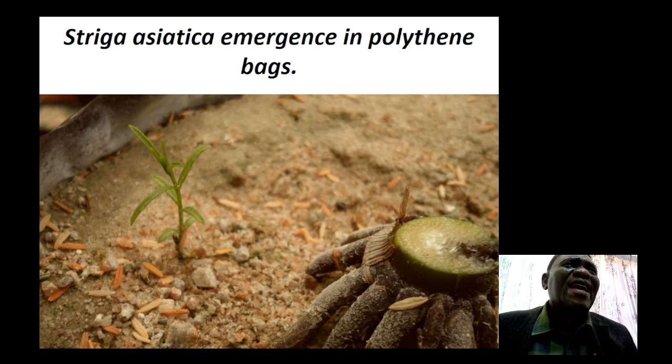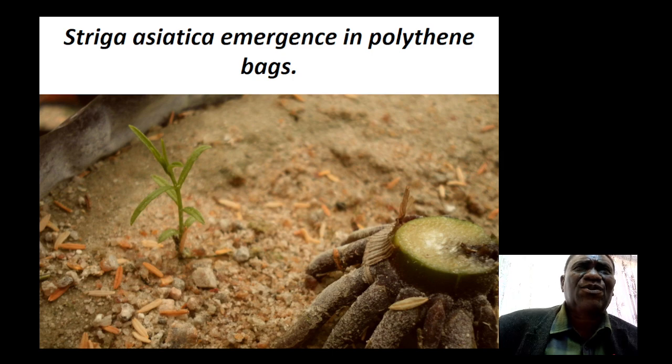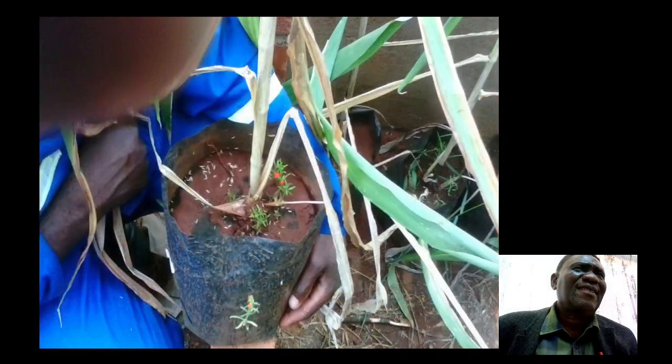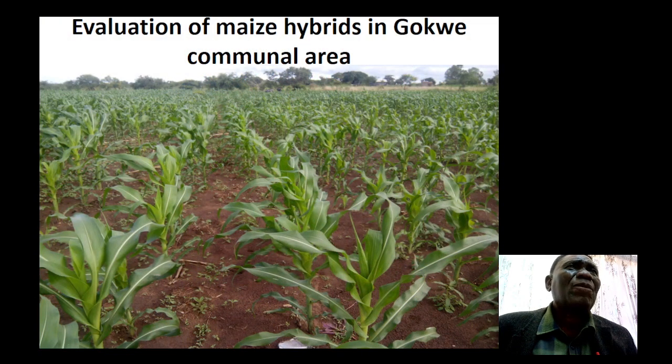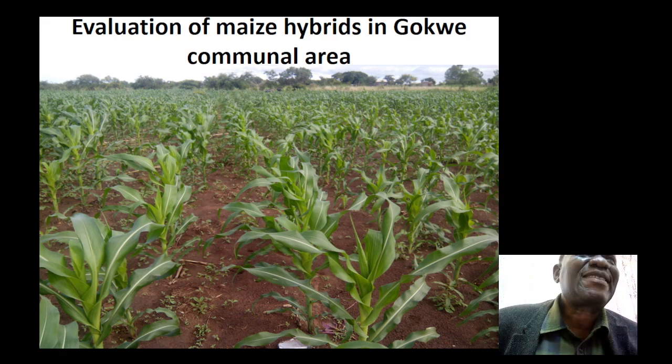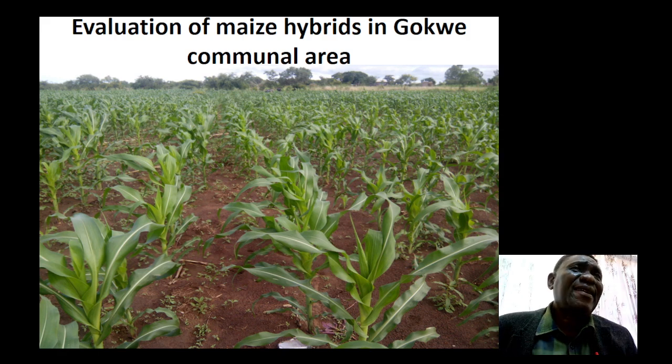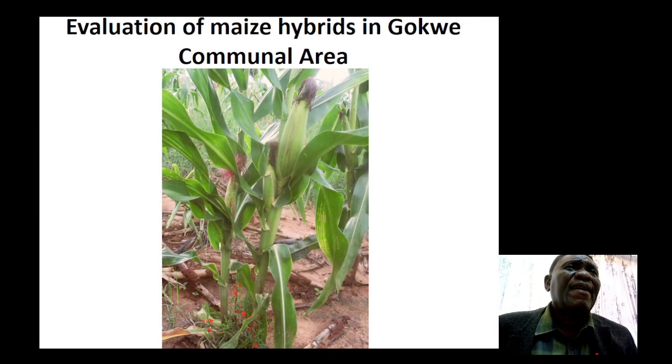This is Striga emergence in polythene bags, which we used for screening. So these are the bags for screening. This is the evaluation of maize hybrids in Gokwe communal area. This is a tolerant hybrid in Gokwe. You can see good crop.